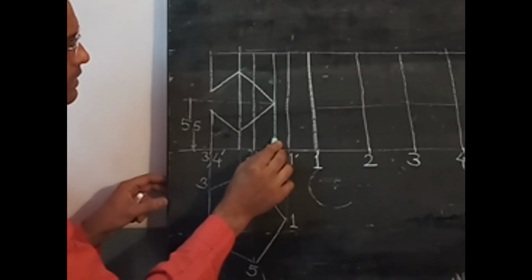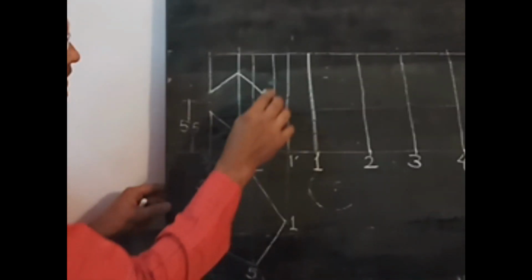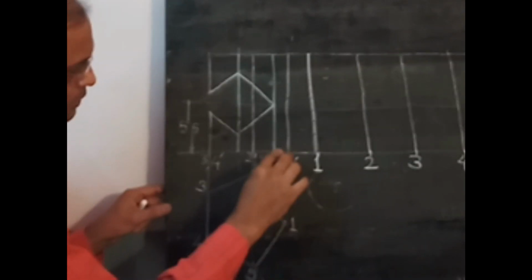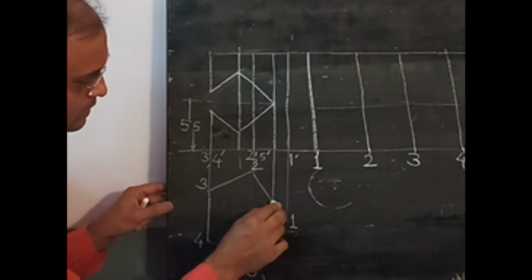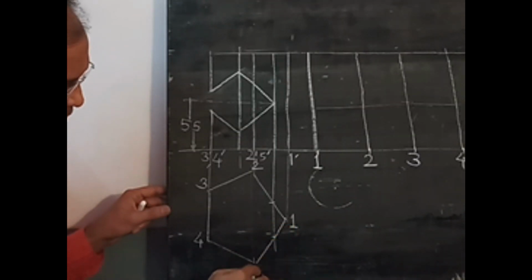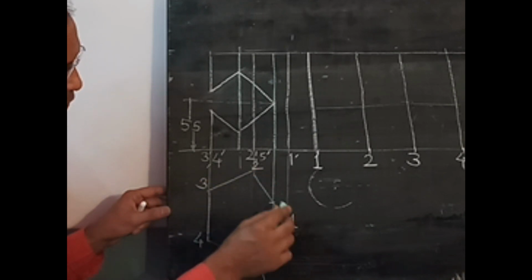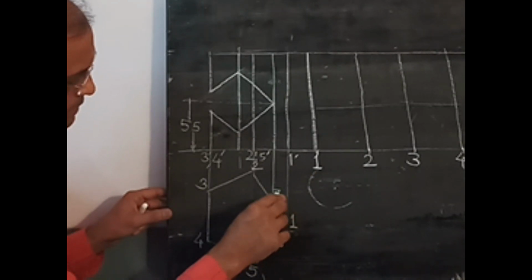So these green colored lines are those extra edges we are considering. Name them in the top view by drawing projectors. There will be two such extra edges, one between edges 1 5 and the other between edges 1 2. Let us name them 6 and 7.